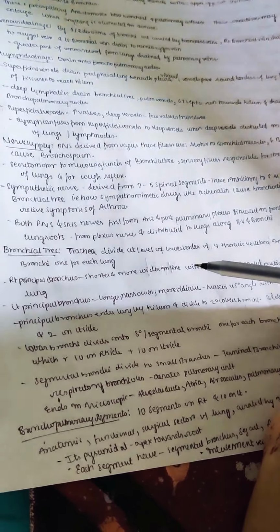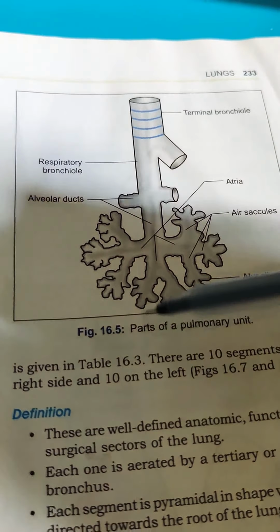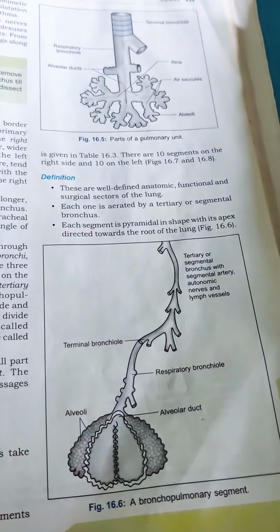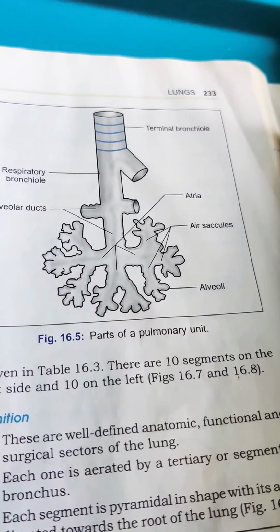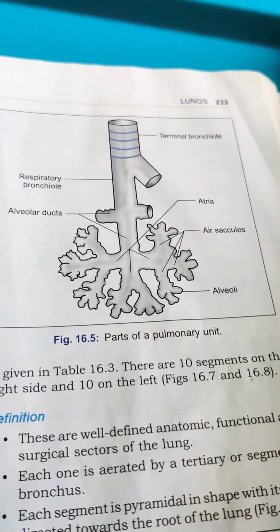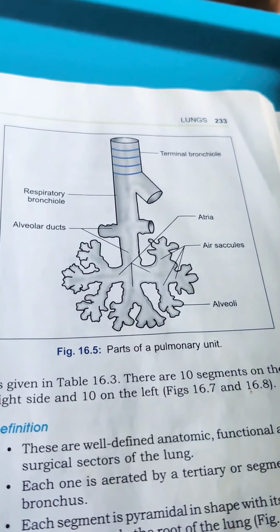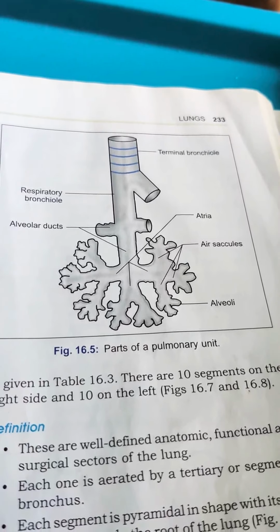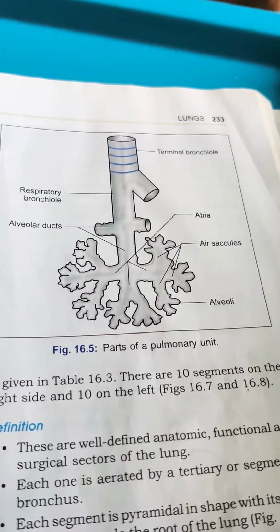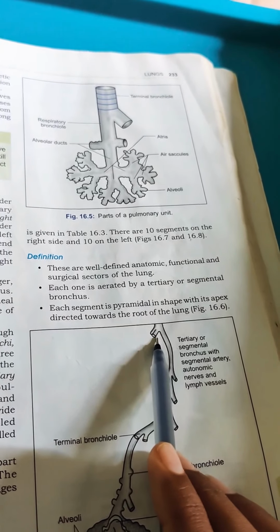Now we will check out the bronchial tree. If you check out this diagram, this is the bronchial tree. The bronchial tree begins with the trachea, which divides at the level of the lower border of the 4th thoracic vertebra into 2 principal, or primary, bronchi.